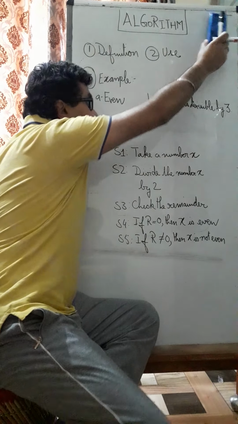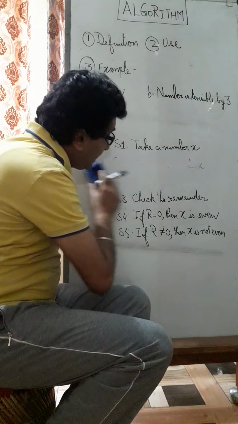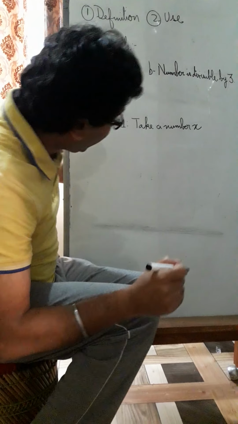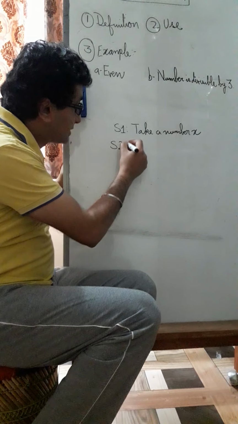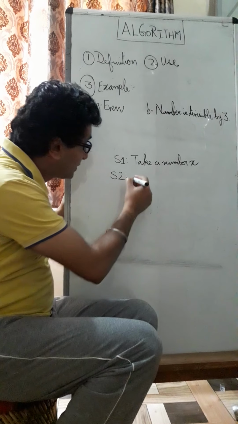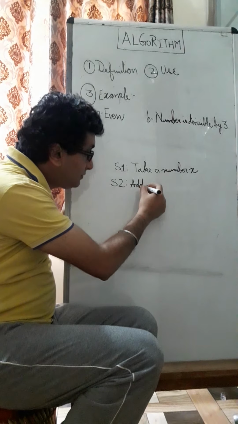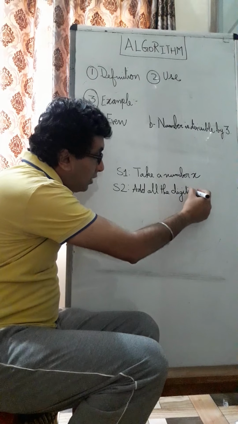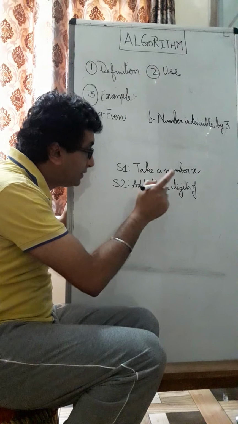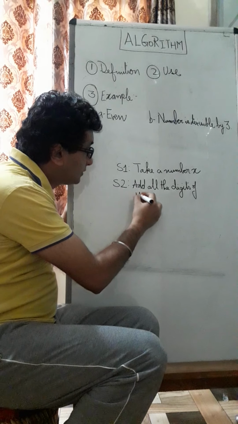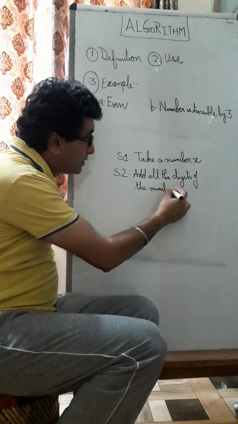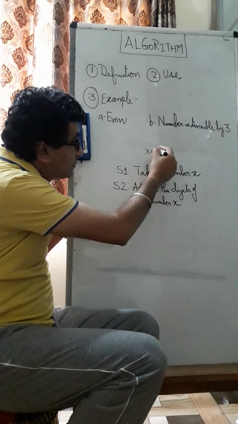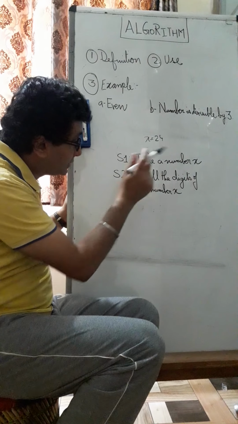Now, the next one says, check whether a number is divisible by 3. So again, Step 1, take a number x. Step 2, add all the digits of the number x. See, there are two ways of writing this. The number could be, for example, x is equal to 24. So add all the digits of the number x.